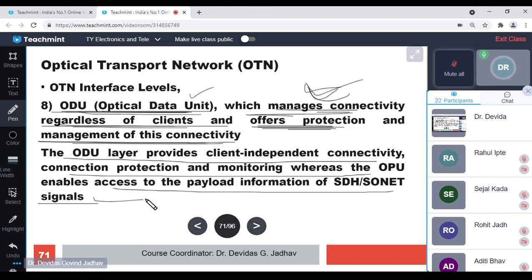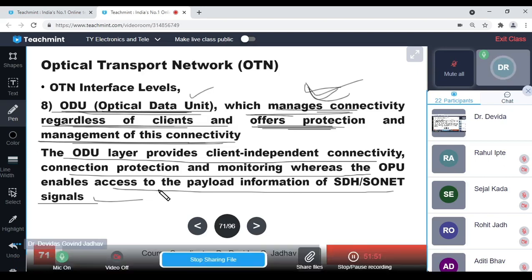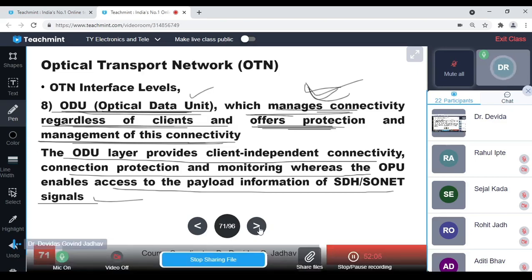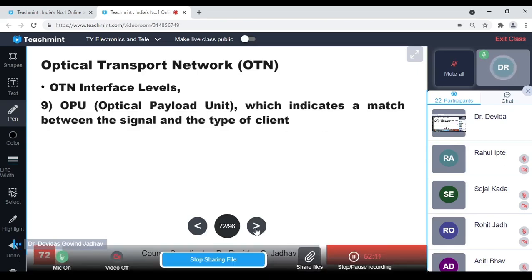Whereas the OPU enables access to the payload information of SDH, SONET, etc. So these are the functions of ODU and OPU: client independent connectivity, connection protection and monitoring by the ODU, and access to the payload information of SDH and SONET by the OPU.